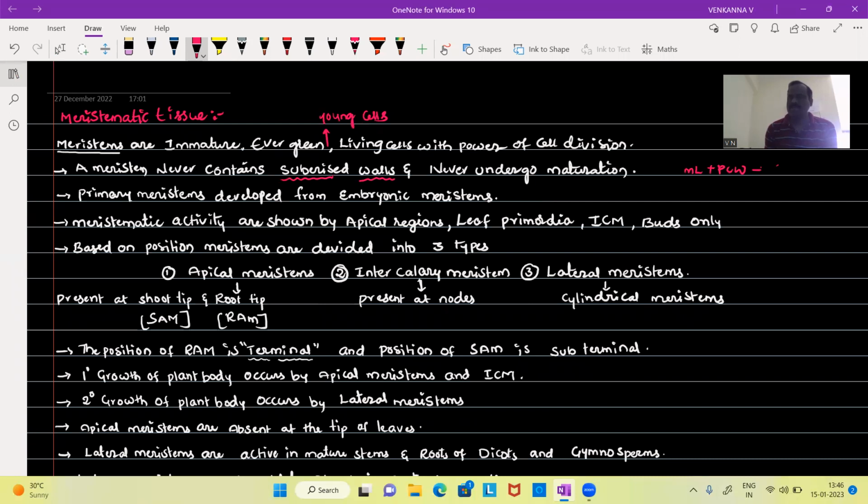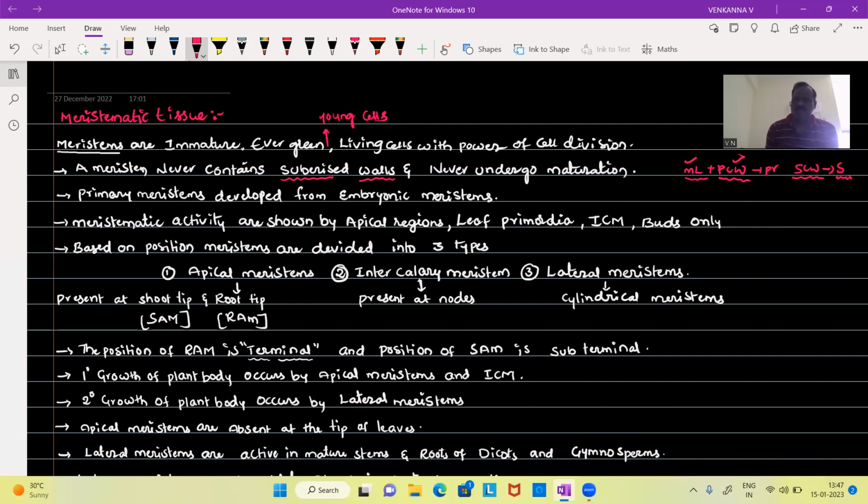Secondary cell walls are completely absent, because only the secondary cell wall is made up of suberin or cutin type of materials. So the secondary cell wall is absent and suberized walls are absent. Only two layers are in the cell wall of meristems: the middle lamella and the primary cell wall.